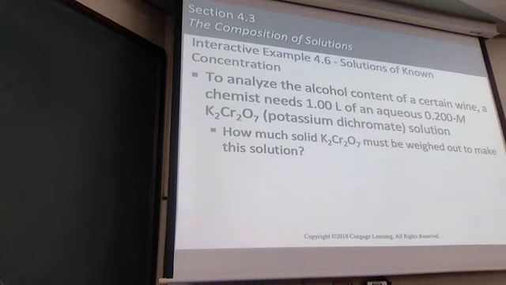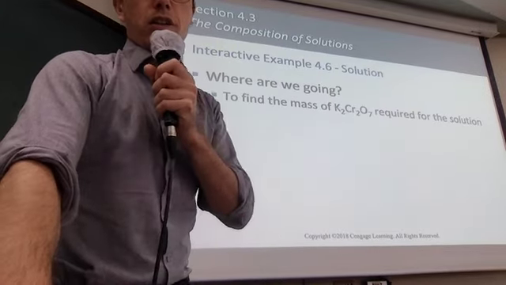How much solid potassium dichromate must be weighed out to make the solution? As you know, we can use this equation to get n, right? And from n we can always come to m using that equation. So this is the kind of workflow to get this done.